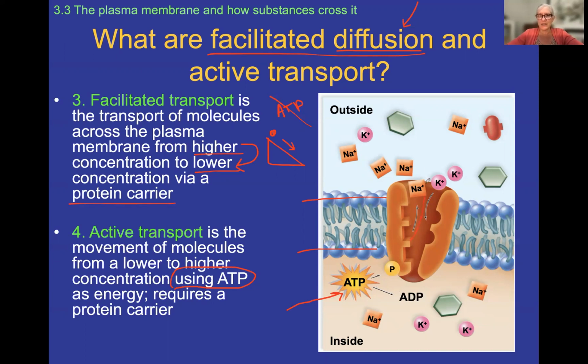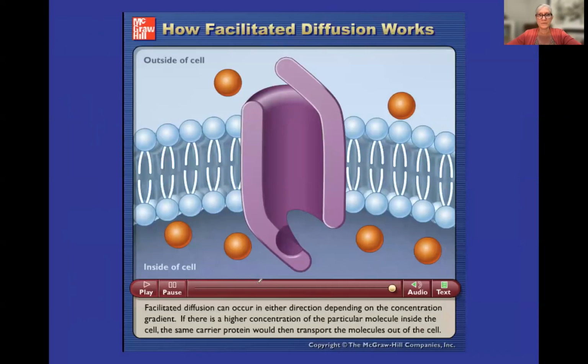In this case, it's going to push out 3 sodium molecules, pump it out, even though there's already a bunch of sodium out here. It's going to pump it against the concentration gradient and push it out. Key is active, uses ATP. Does this need a protein carrier? Yes. Also needs a protein carrier, but it's using some energy in the form of ATP to move the molecule.